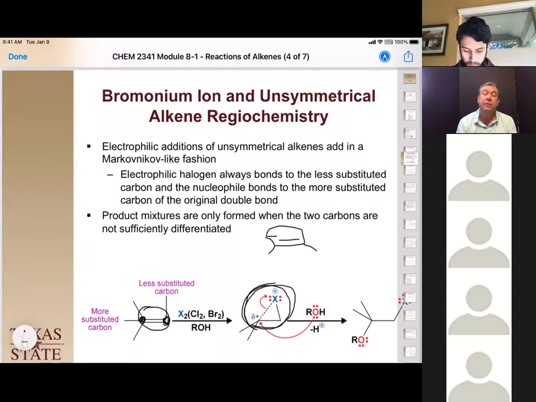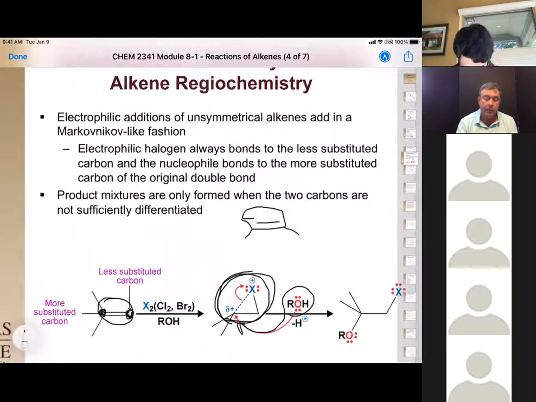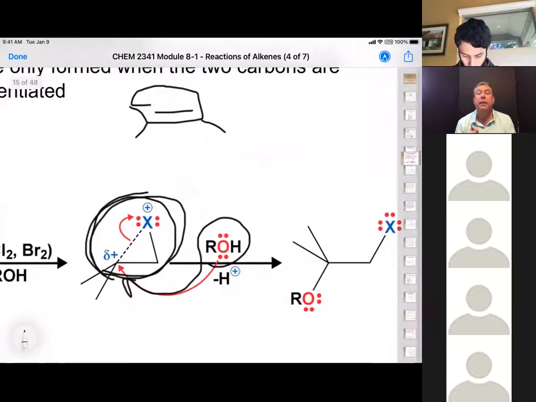If it's the more positive side of the bond, that's where the nucleophile is going to come in and react, giving us our major product right here, a Markovnikov addition. But remember, in the other reactions the hydrogen added first, and here our bromine added first. Our bromine in this case is analogous to our hydrogen, and therefore it does follow Markovnikov's rule.